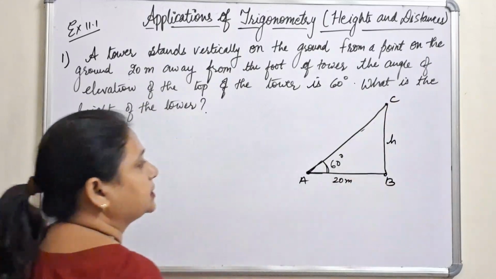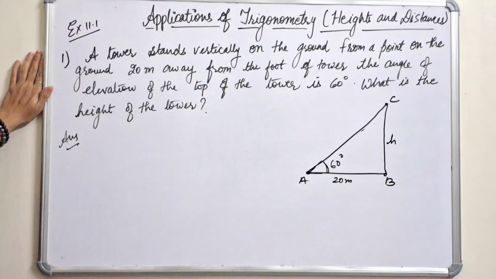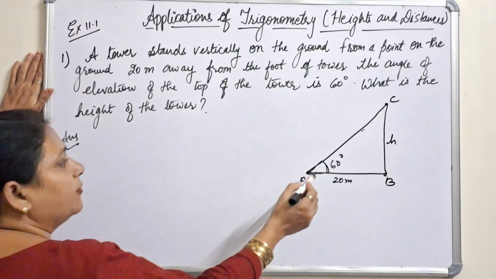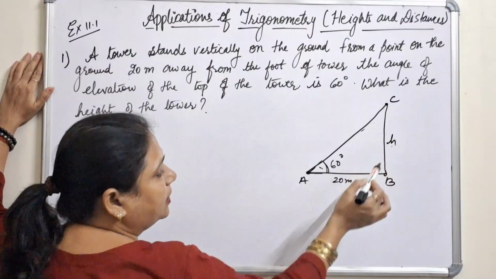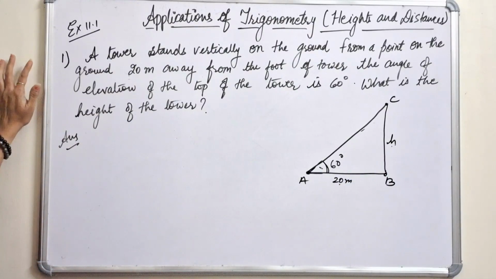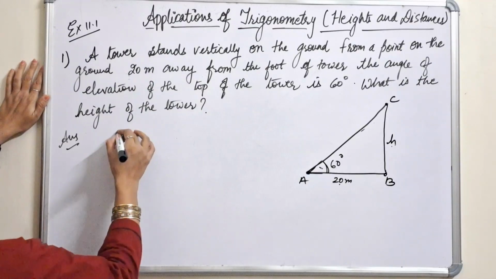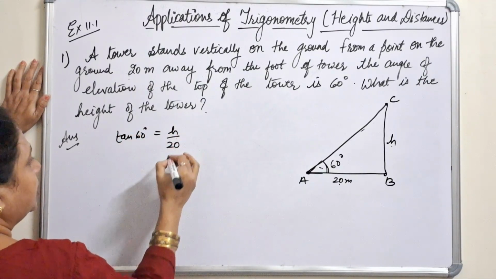So you can write the steps also. Let BC be the tower and the angle of elevation is 60 degrees. With respect to this 60 degrees, we have to find the perpendicular and the base is given. So what ratio will we use? Tan 60 is equal to h upon 20.